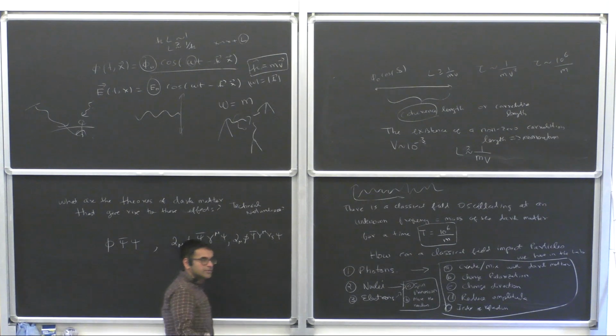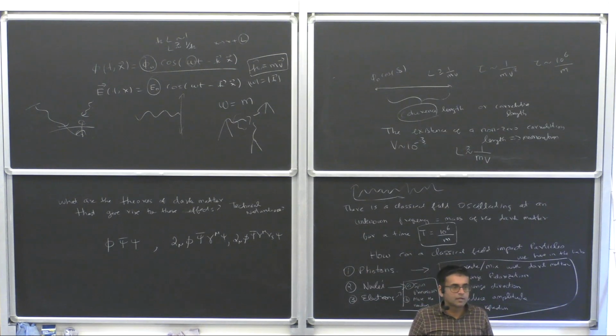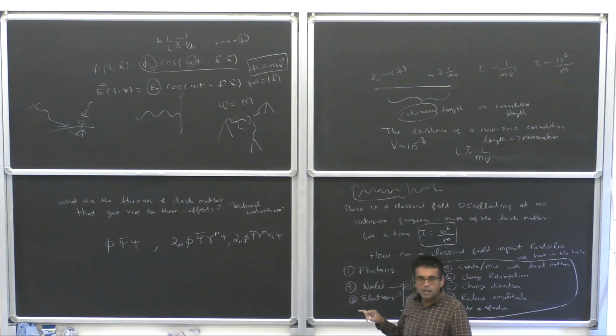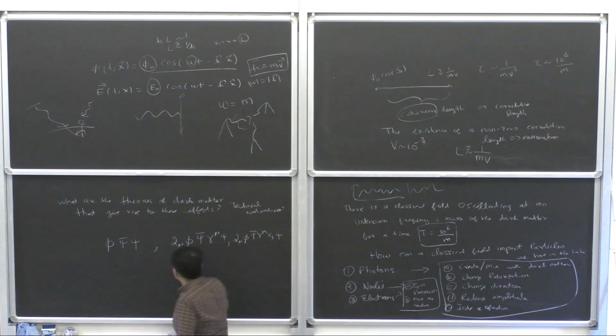Now, looking at this, is there a term that you want to knock off immediately? Is there a term that you want to knock off and say, well, that term can't possibly be relevant? Maybe the last two, because they have more than 4 dimensions, so they're not renormalizable. Well, I mean, that just means there's a cutoff, right?